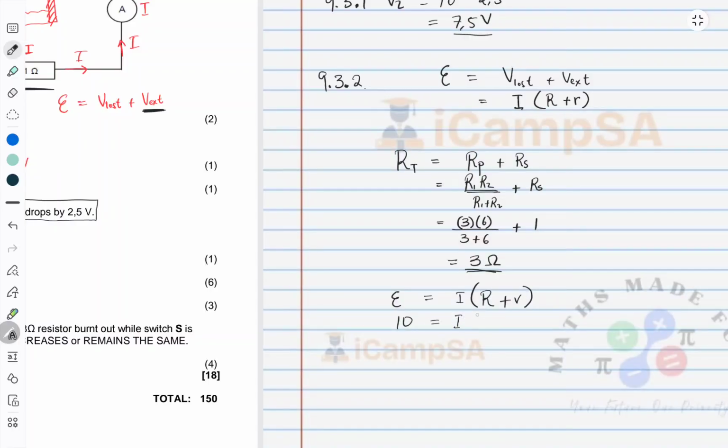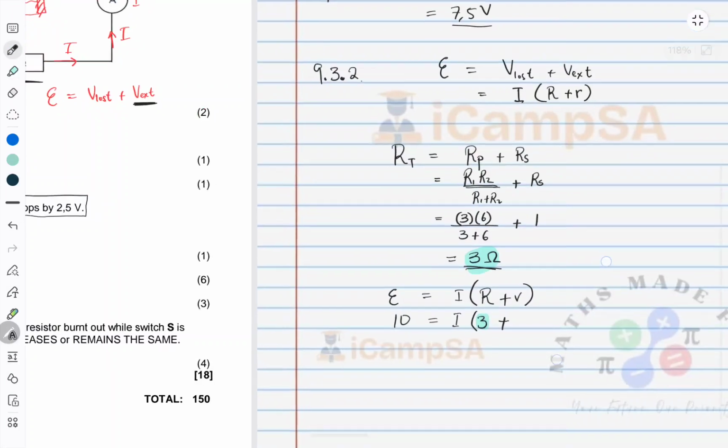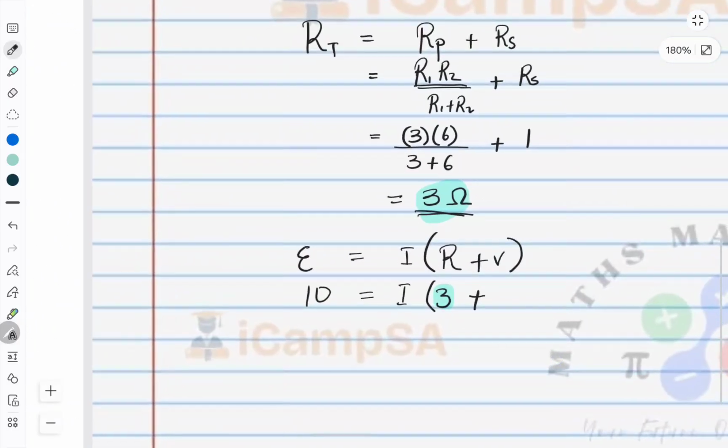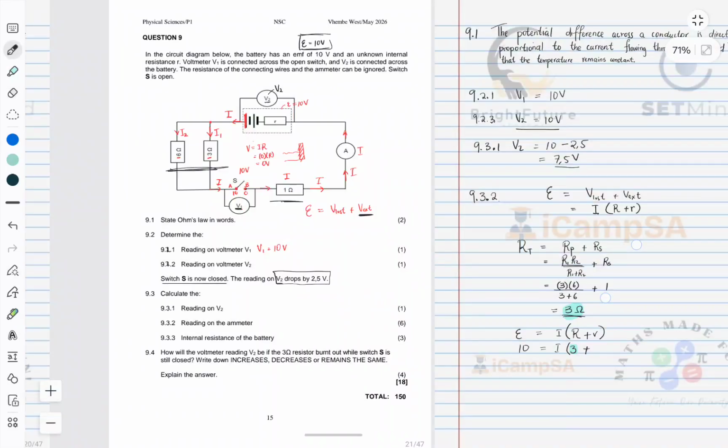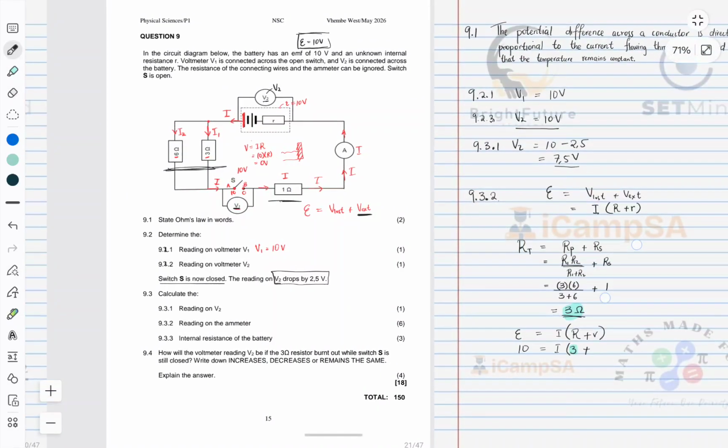Total current is what we're looking for. This big R is 3, which is what we just calculated. And then plus our small r, what's our internal resistance? Or do we still need to find it?